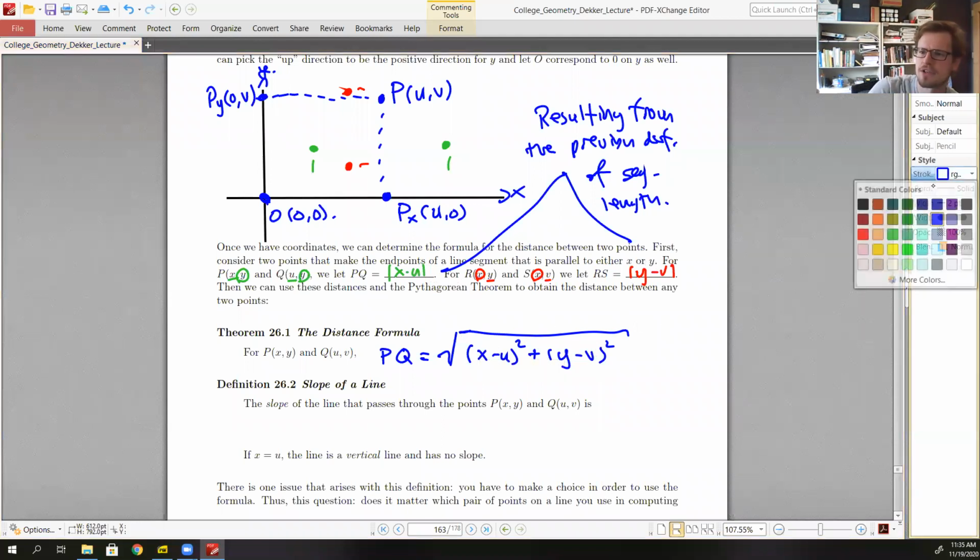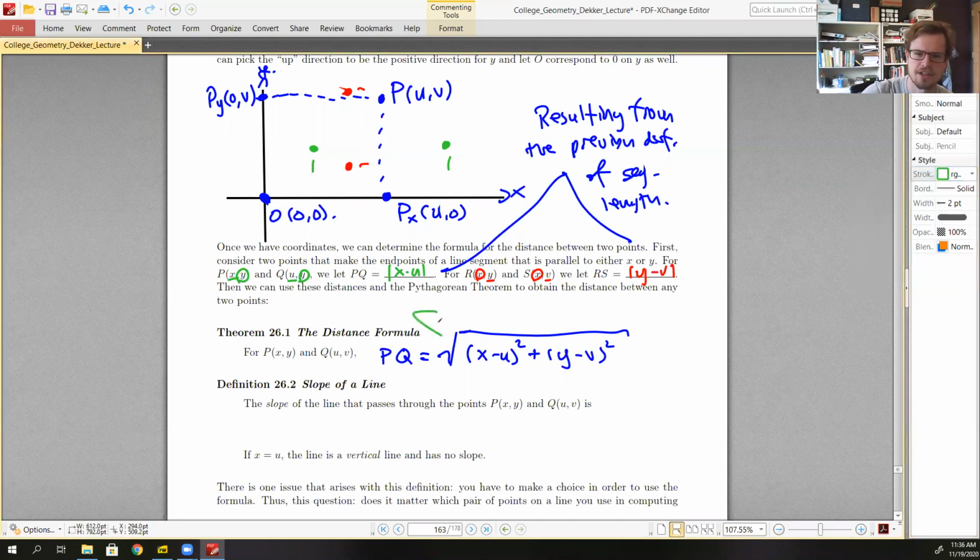But we should also notice that this thing here is a result of the Pythagorean theorem. Excellent.